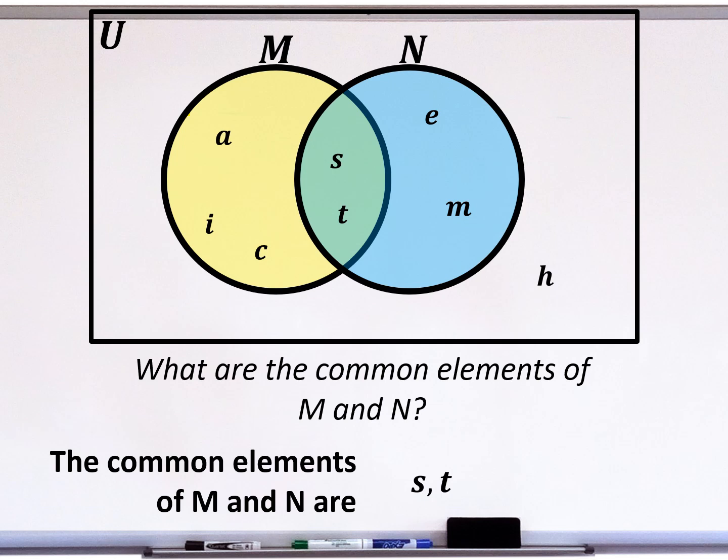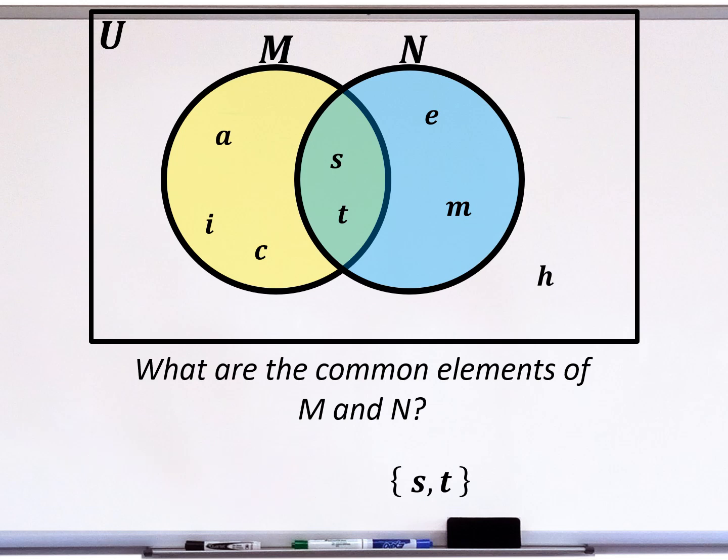And since we are talking about the common elements of the two given sets, take note that if you're going to write these two elements in the sense of sets, we are going to write them enclosed by braces and separated by commas. And so, the common elements of sets M and N refers to the intersection of the two given sets.